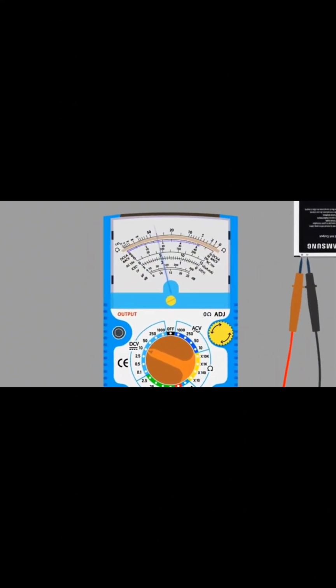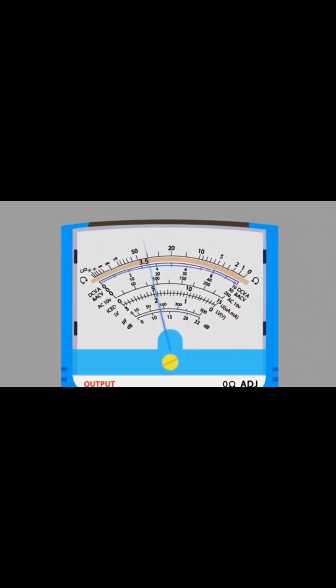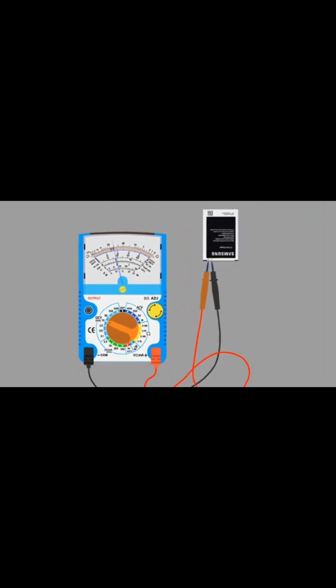We will read the 10 volts scale. If we select the 50 volts range, then we will read the 50 volts scale, and if we select the 250 volts range, then we will read the 250 scale. But for now, we will read the 10 volts scale. If we see the needle, it shows about 3.5 volts. This is how we can measure DC voltage.